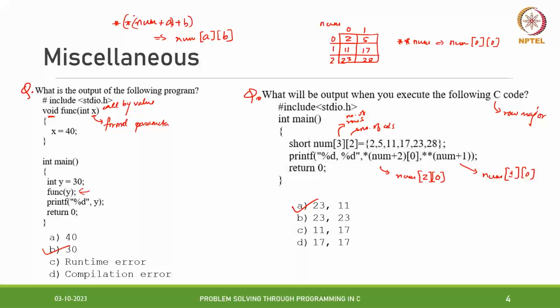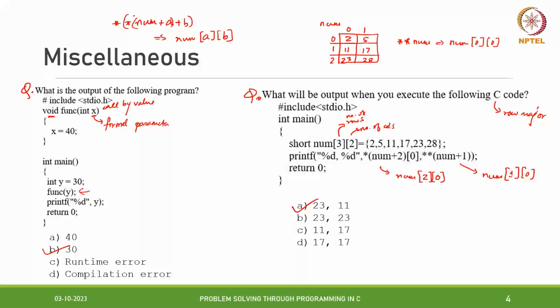So it's basically a concept with pointers. I'll explain it with say two and zero. First you are at num. When you say just num, you are referring to the address of the first row, first column element.